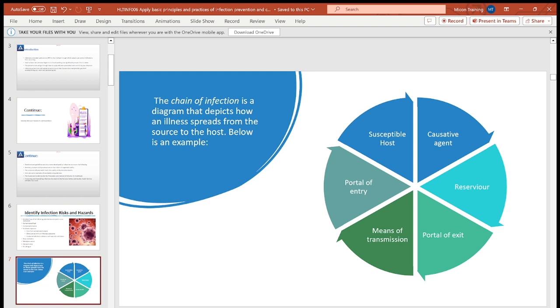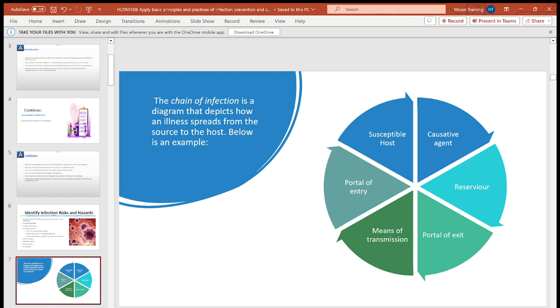As we can see in this diagram, we have the susceptible host, the causative agent, the reservoir, the portal of exit, the means of transmission, and the portal of entry. All these are stages whereby infection moves from one person to the other. For us to control any infection, we should try as much as possible to break the chain.